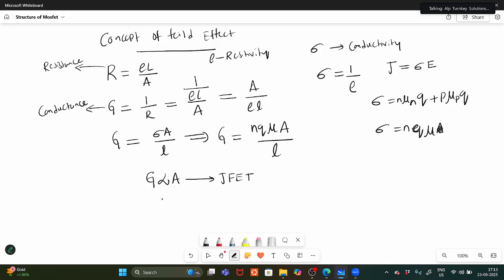That is there in JFET. Conductance also depends on the number of charge carriers, and that is there in MOSFET. Where conductance depends on the area of cross section of the channel, that is JFET, and conductance directly proportional to the charge carriers, that is in the MOSFET.